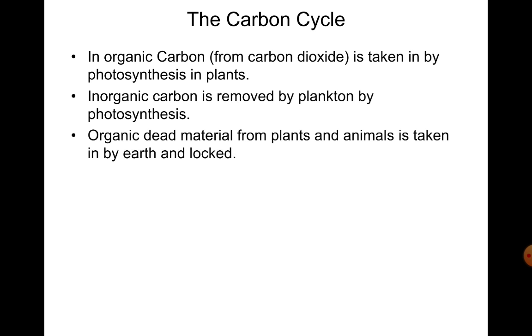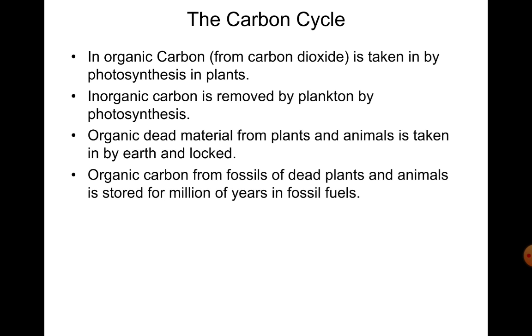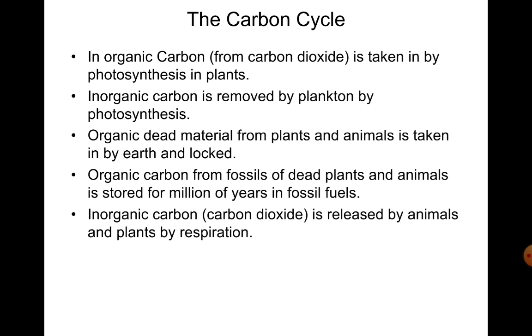Then we get the organic dead material from plants and animals. This is taken in by the earth and locked. We have the organic carbon from fossils and dead plants and animals, and this is stored for many million years in fossil fuels. And at the end we also have inorganic carbon, which is released by animals and plants by respiration.